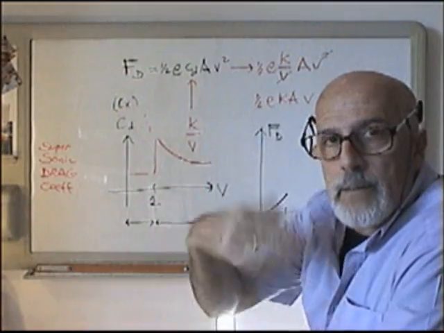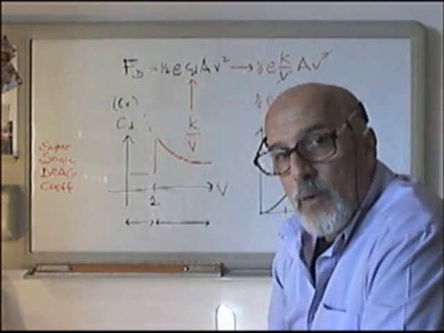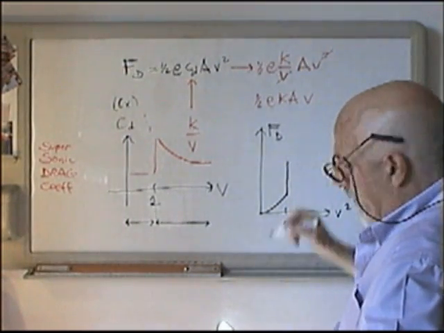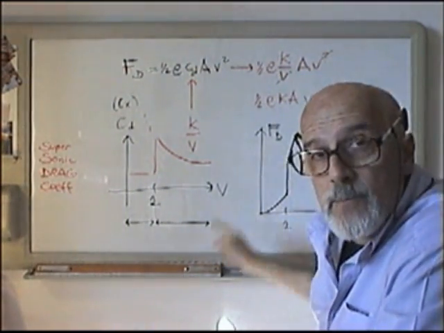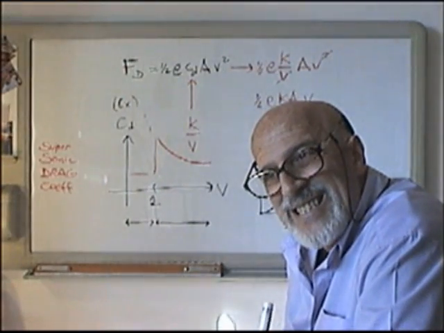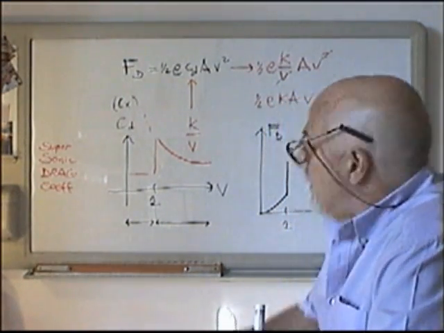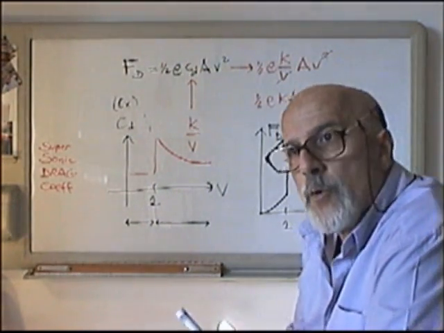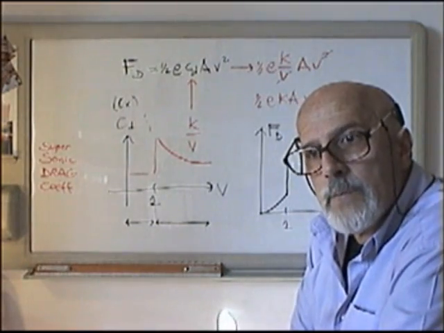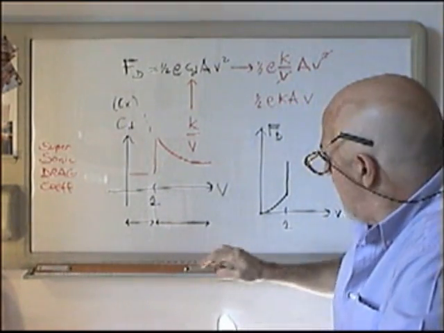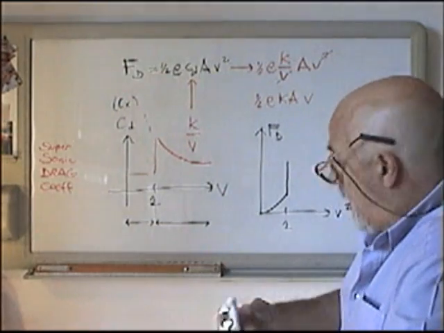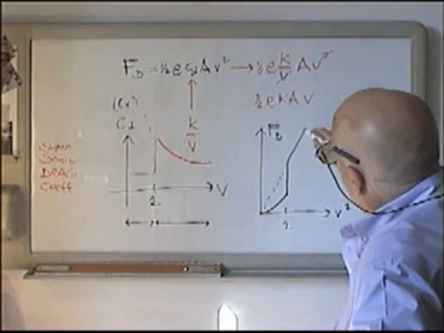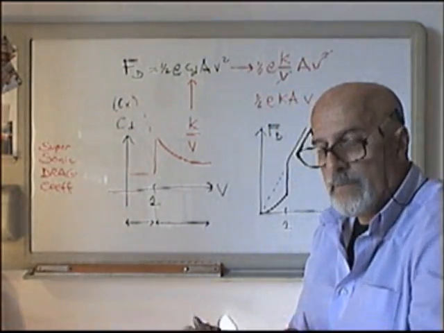Then at Mach 1 you got the threefold increase. So 1, 2, 3. And what happens next? The force should be proportional to V. It means that it is a straight line starting from the origin, and so going like this, right?